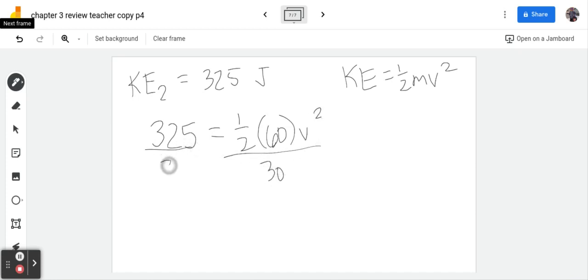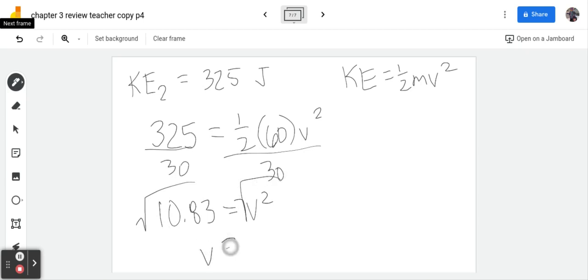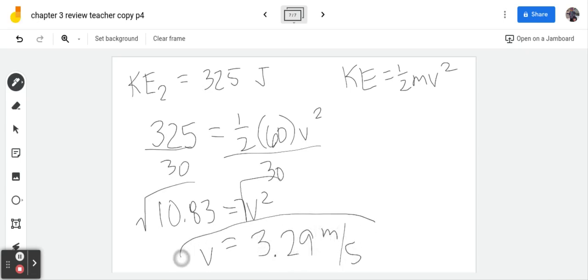So I'll divide both sides by 30, and I get 10.83 repeating is equal to v squared. Then I just take the square root. Now I get v equals, it's like 3 point something. Let's do it. I'm going to round to 2 decimals, 3.29 meters per second. And that's it.